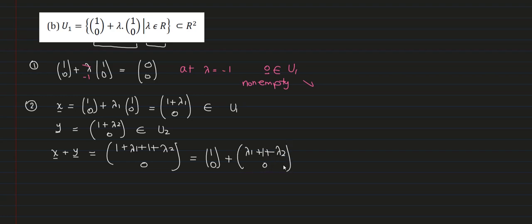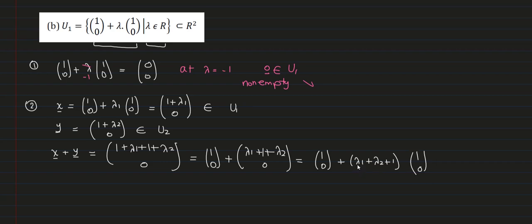So we have now separated the (1, 0). Let's continue to get the same format. So it's (1, 0) plus, taking the common factor from the first component, because we need the first component to be only 1, so it will be lambda 1 plus lambda 2 plus 1. Of course, addition is commutative, I can change the order of the numbers, and we will be left with (1, 0), right?